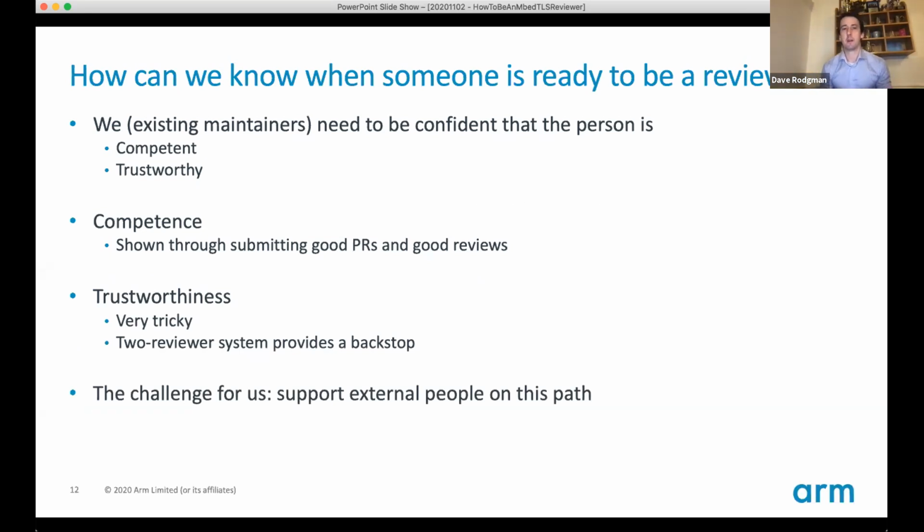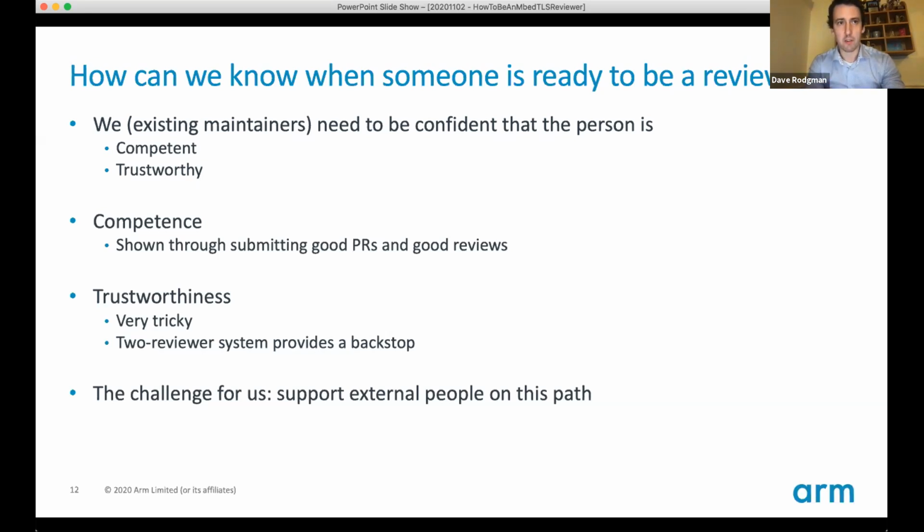So how can we know when someone's ready to be a reviewer? There's a couple of aspects to this. We, the existing maintainers, the existing Mbed TLS core team, core community, need to have confidence that the person is competent, that they're writing quality code and that they can recognize good quality code and can recognize issues in PRs.